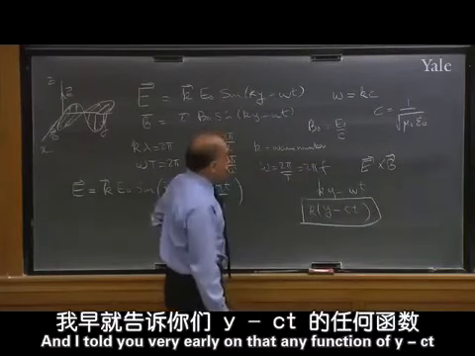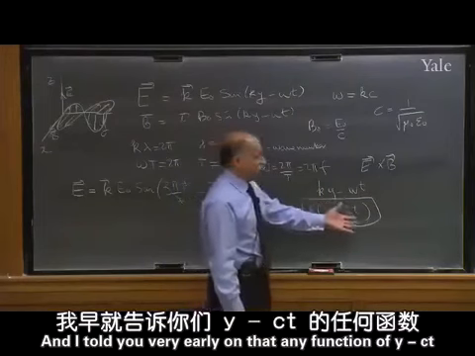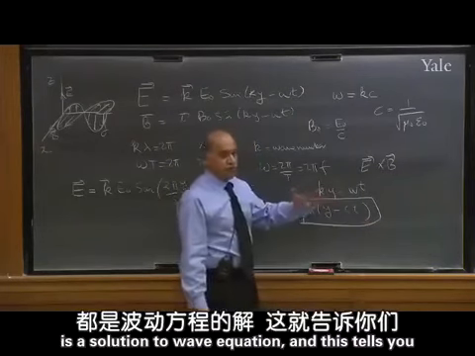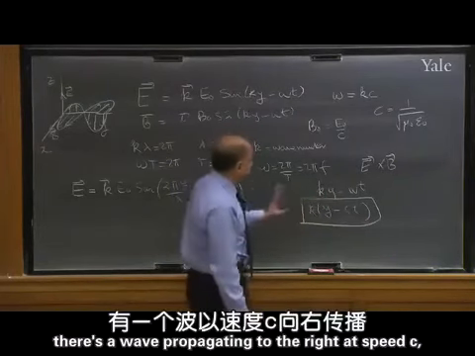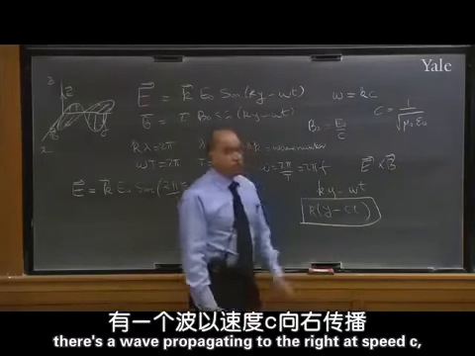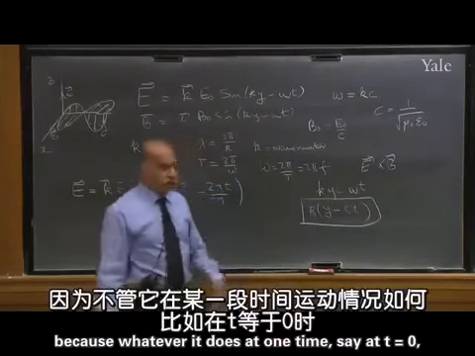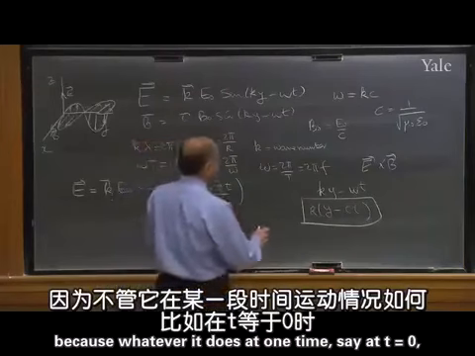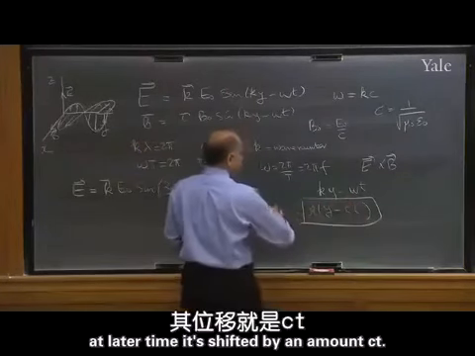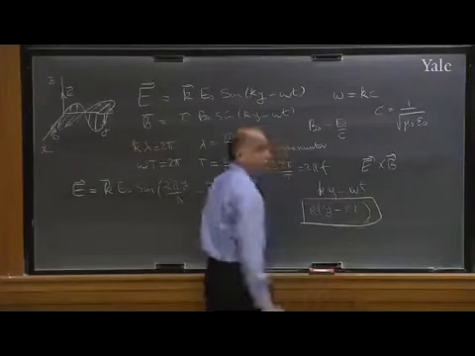And I told you very early on that any function of y minus ct is a solution to the wave equation. And this tells you there's a wave propagating to the right at speed c, because whatever it does at one time, say at t equal to 0, at a later time it's shifted by an amount ct.